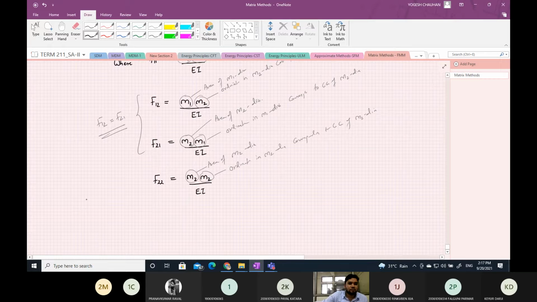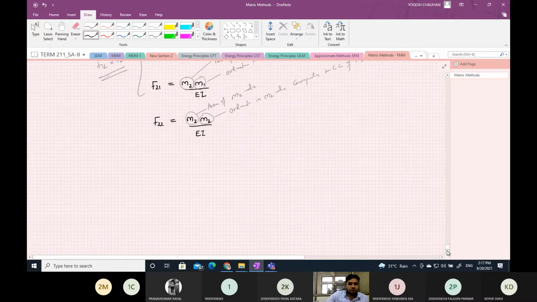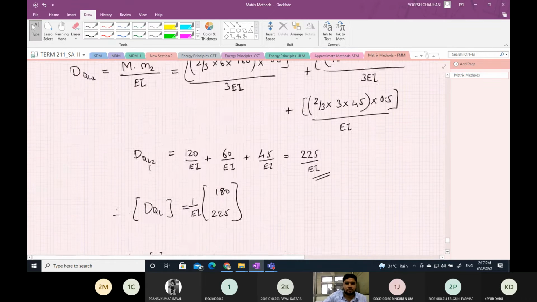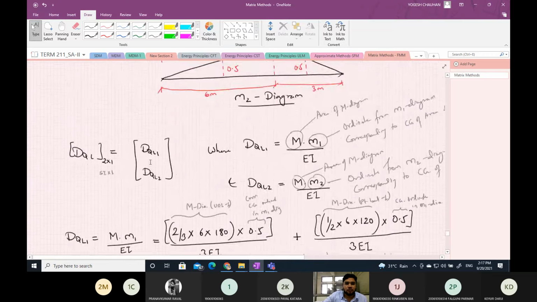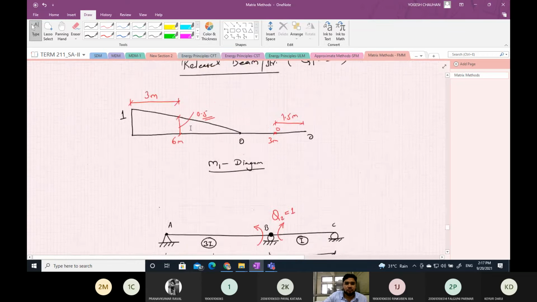So let us first find F11, which is equal to m1 m1 upon EI. Now you have to refer to this M1 diagram.